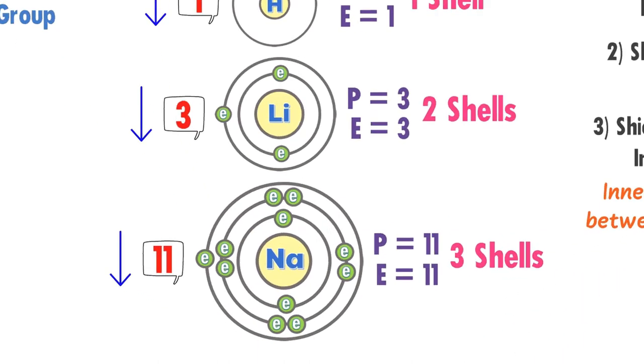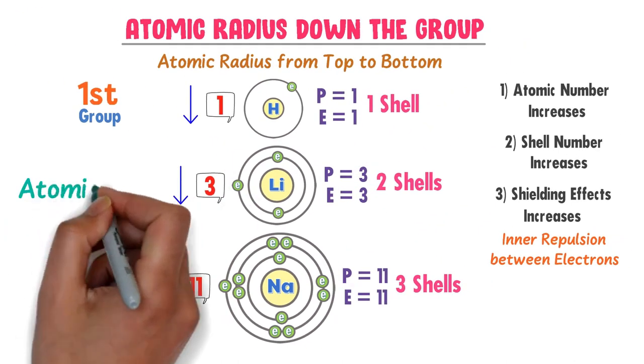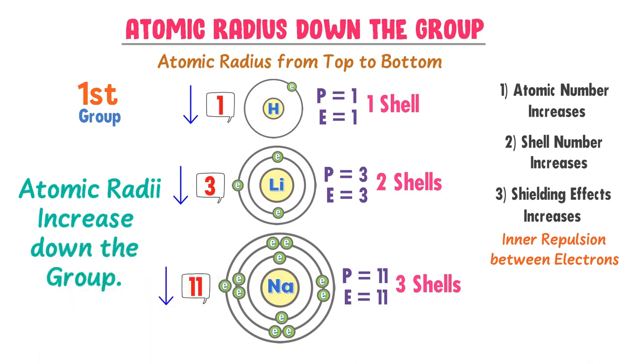For example, the electrons of second shell shield or protect the electrons of the third shell from the attraction of protons or nuclear attraction, due to which electrons in the third shell experience less nuclear force of attraction and move away. To conclude this, we say that atomic radius increases down the group or from top to bottom.